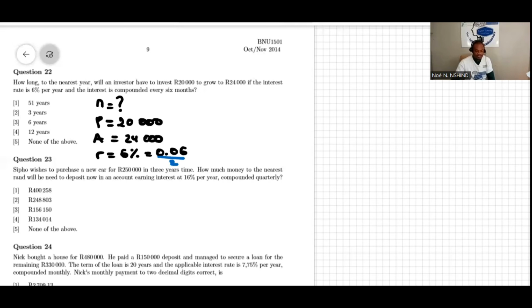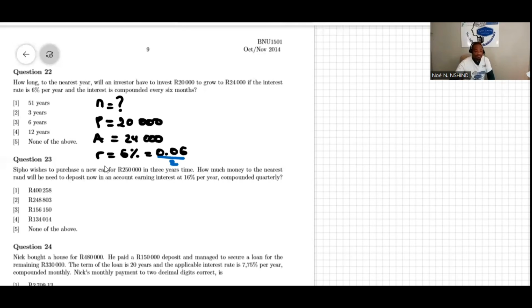Now we can write the formula that connects the givens and the unknown. The unknown here is n, and the givens are P, A, and r.